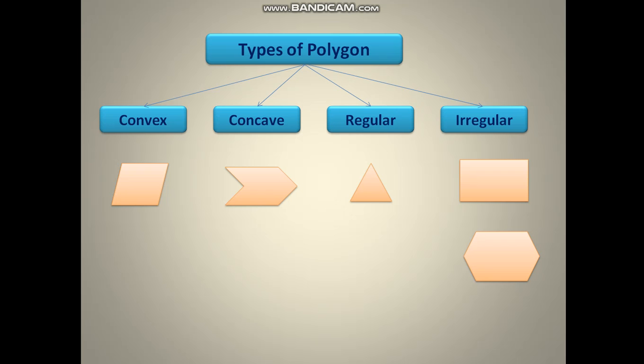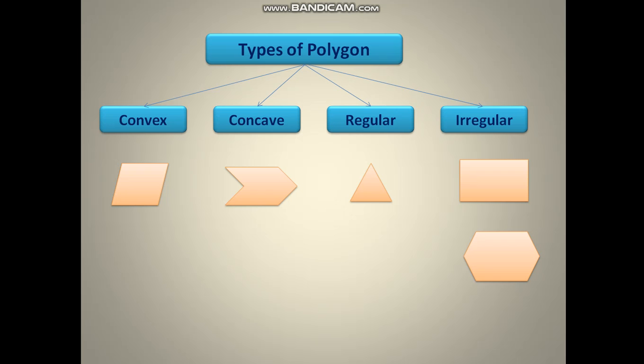Next, regular polygon. It means all angles are the same, which we call equiangular, and equilateral, which means all sides have the same length. So we call it a regular polygon.